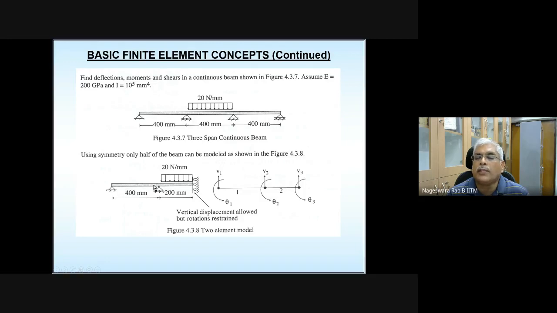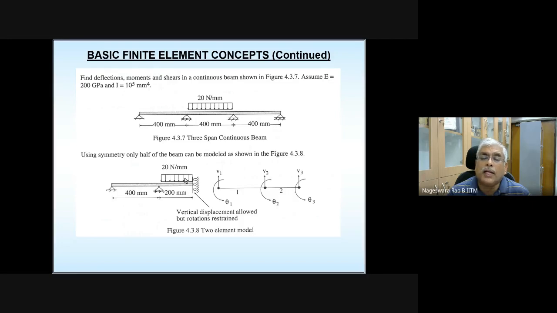Element 1, no load is there, of length 400 mm. Element 2, 200 mm. Assemble the element equations. And please note that here now load is applied in the downward direction. Please always pay attention to that, whether load is applied in the upward direction or downward direction.